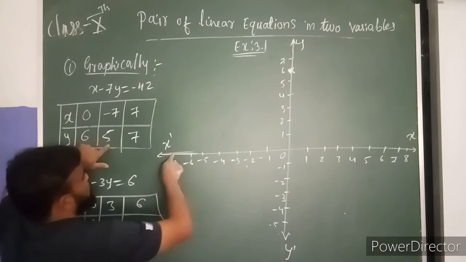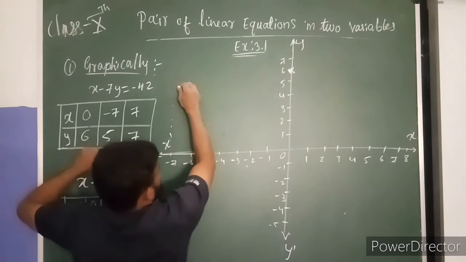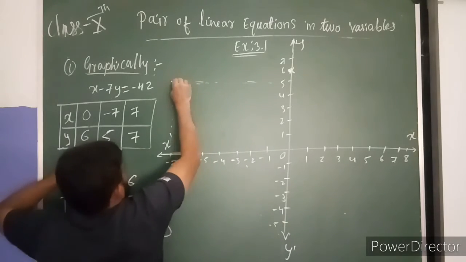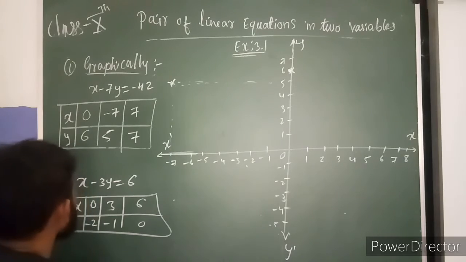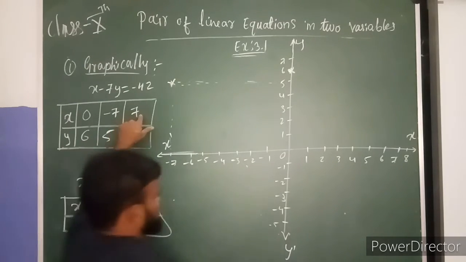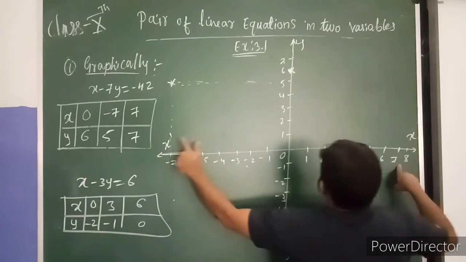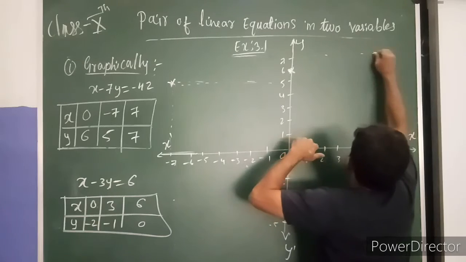Positive 5, opposite, a dotted line, it was coming here, that star I put. After that, x is plus 7 on the x-axis, and this is also plus 7 in the opposite of that. See?